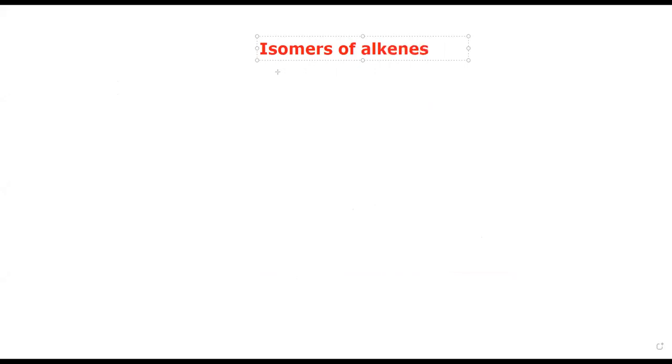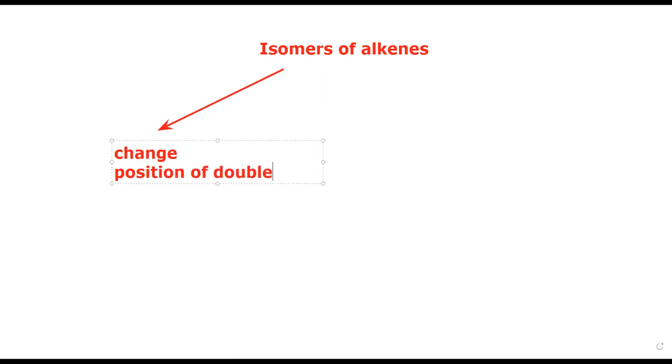First thing, we can change the position of a double bond. Second thing, we can make a cyclic alkane. And the third one, we can make a branch.